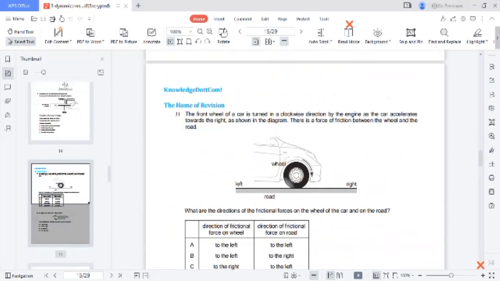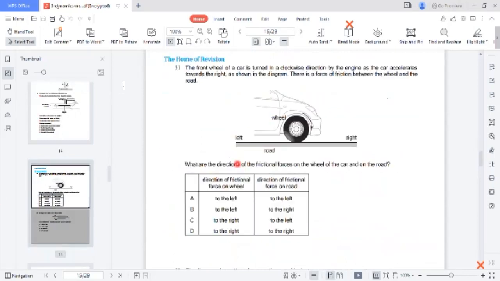There is a force of friction between the wheels and the road. What are the direction of friction force on the wheel of the car and road?